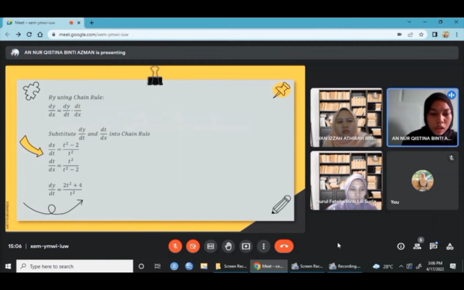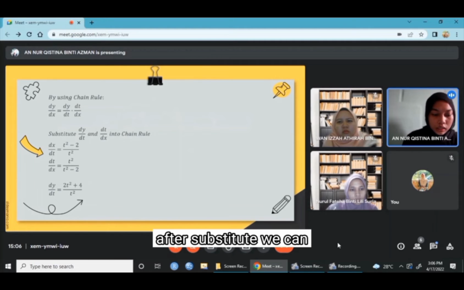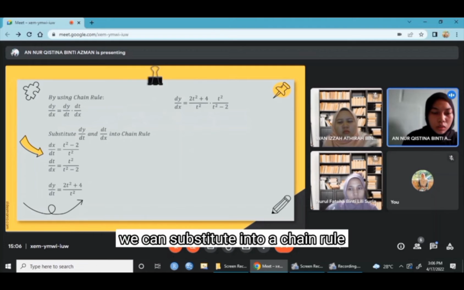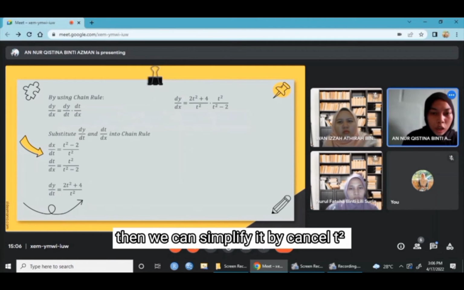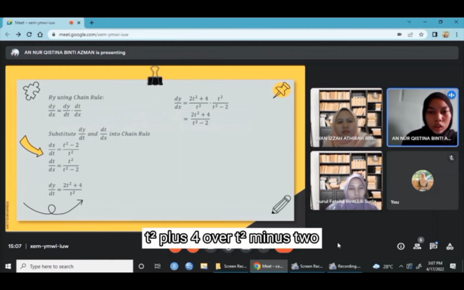Next, dy per dt, we can substitute directly without any change. After substituting, we put them into the chain rule. Then we can simplify it by cancelling t squared. So we obtain 2t squared plus 4 over t squared minus 2.